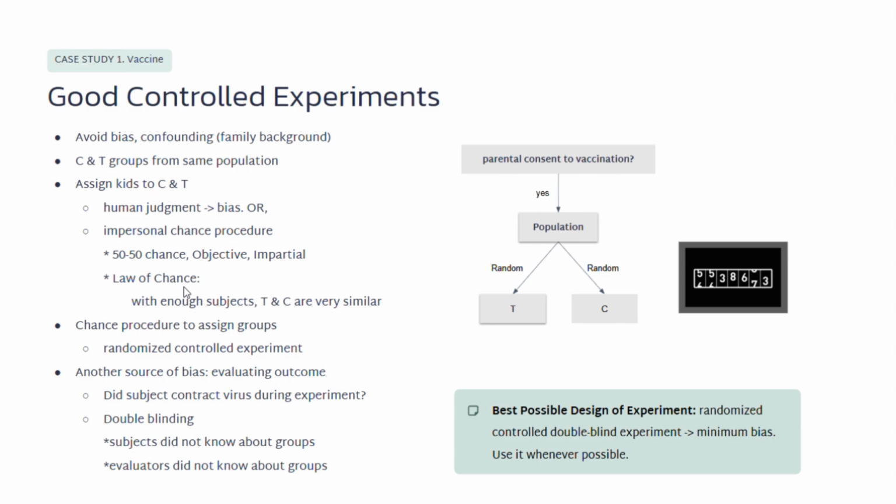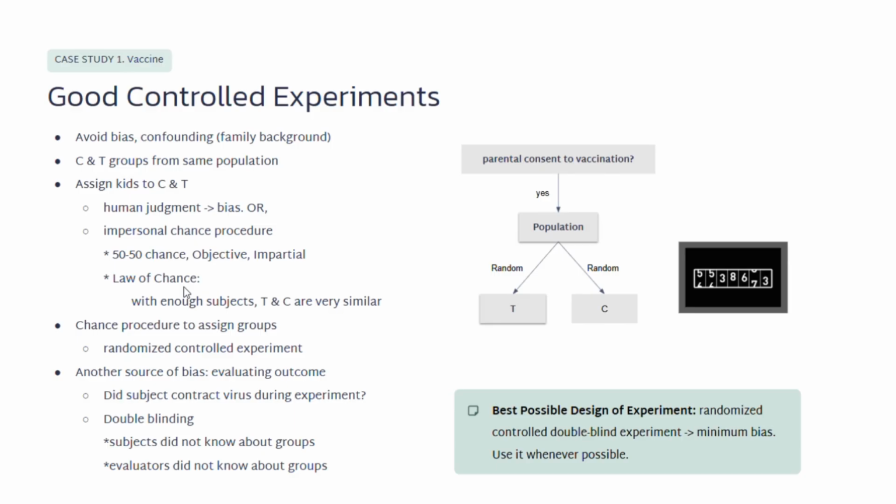So a chance procedure in this case is equivalent to tossing a coin for each subject, so there is a 50-50 chance that the subject goes to the treatment or control group, and as you expect, such a procedure is objective and impartial, so you eliminate bias by relying on a chance procedure.